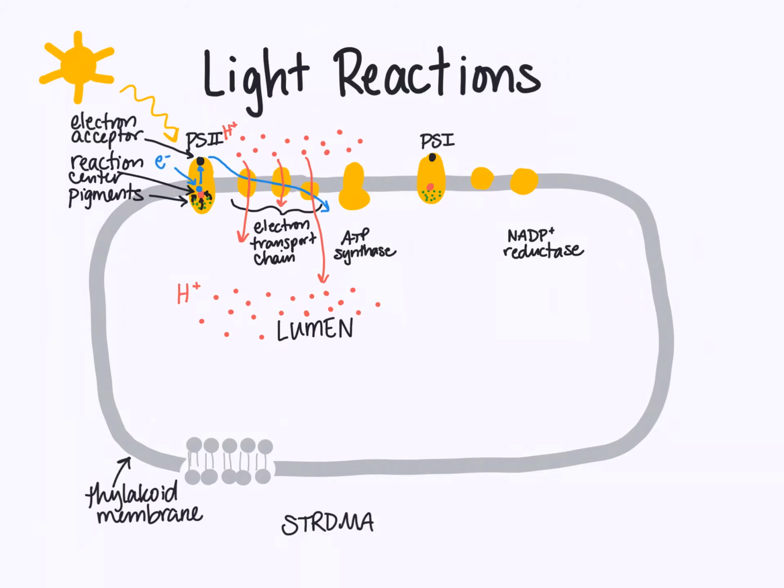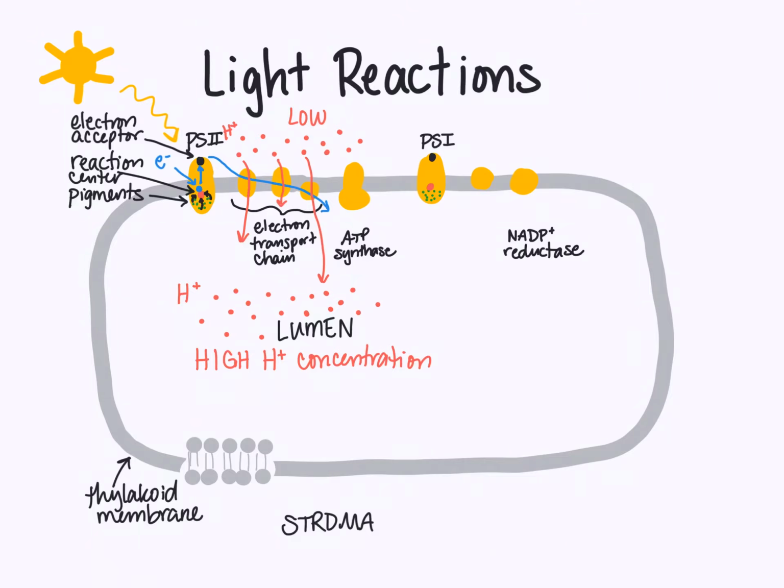And in doing so, this sets up a concentration gradient for hydrogen. So we end up with a high hydrogen ion concentration in the lumen and a lower hydrogen concentration in the stroma because the hydrogen is being actively transported into the lumen.